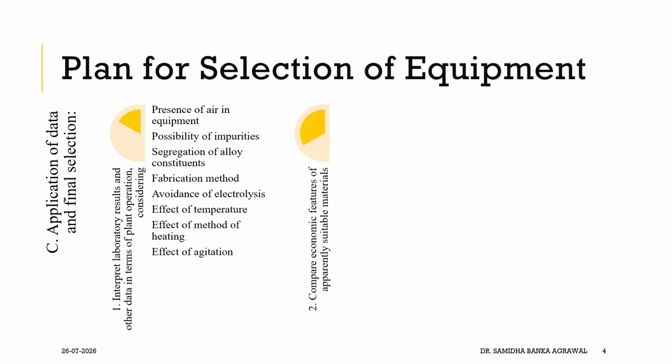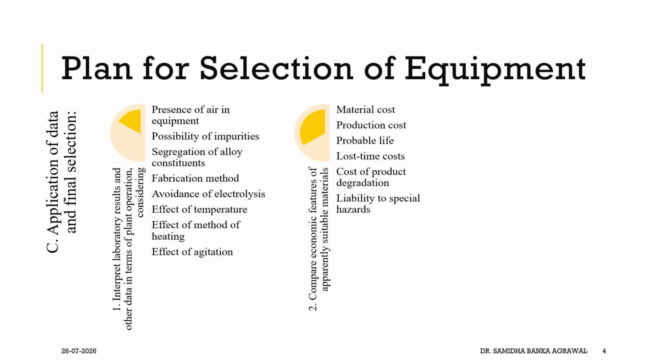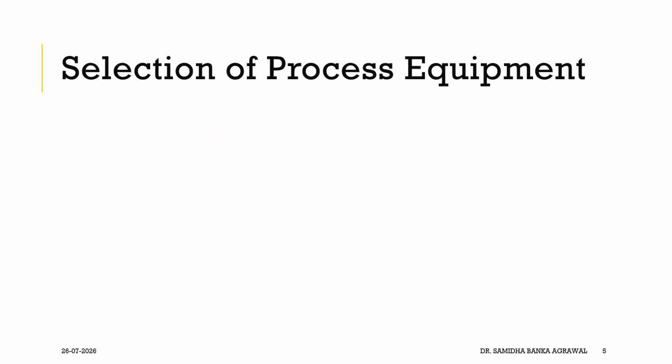Then compare economic features of apparently suitable materials such as material cost, production cost, probable life, lost time cost, cost of product degradation, liability to special hazards, and lastly determine need for semi-works check of data. This systematic approach minimizes design errors and ensures optimum plant performance.